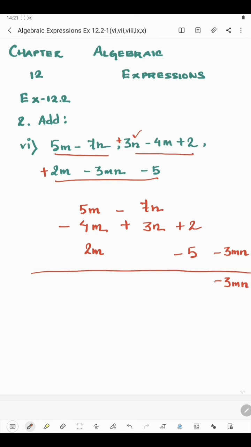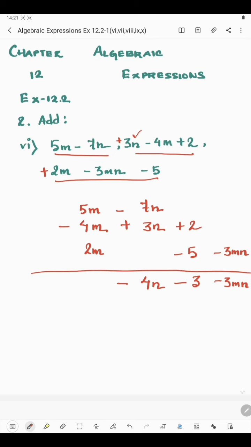Now here plus minus minus, so 5 minus 2 is 3, and since 5 is greater than 2 and the sign of 5 is negative, it will be minus 3. Now here we have plus minus minus, so 7 minus 3 is 4, and here 7 is greater than 3 and the sign of 7 is negative, so here it will be minus 4n.